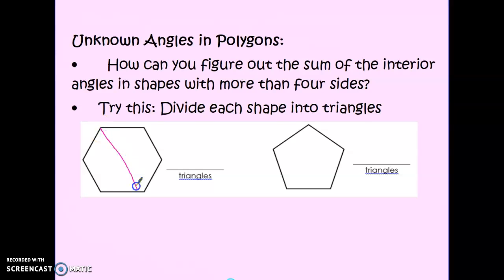Oops, I'm not a very straight drawer. Triangles for this one. Okay, I'm just starting each one at the same spot, so it makes it easier. And I get 3 for this one.